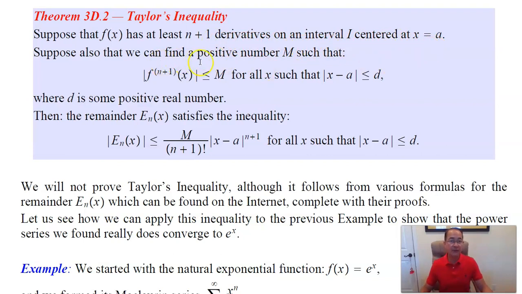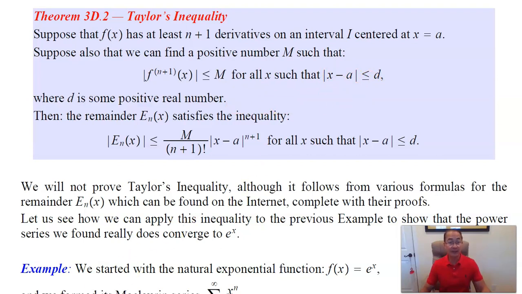Suppose that we can also find a positive number, capital M, such that the absolute value of the n plus 1th derivative of f of x is at most M, for all x such that the absolute value of x minus a is less than or equal to d, where d is some positive real number. So remember, this means that x is between a minus d and a plus d.